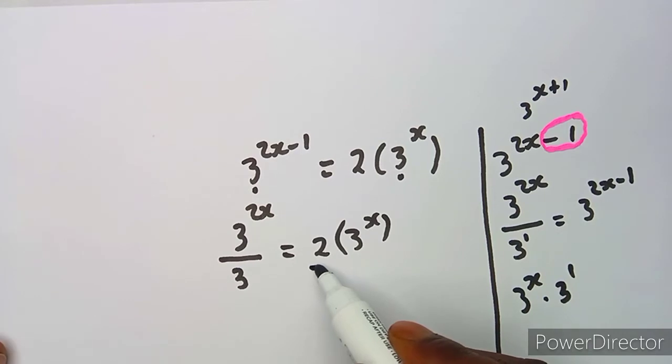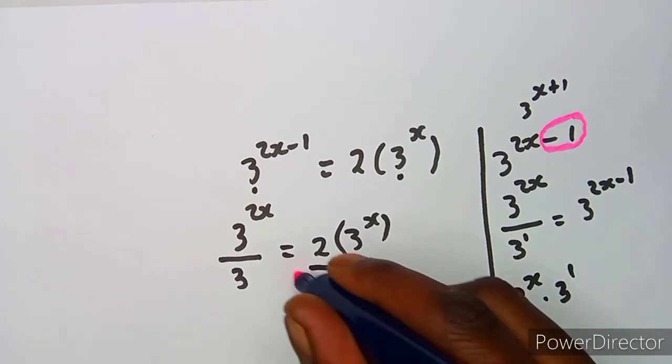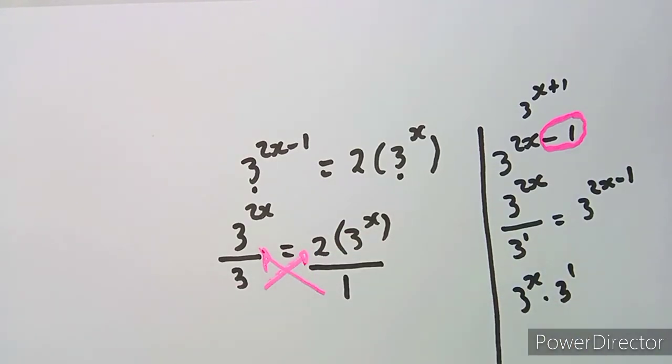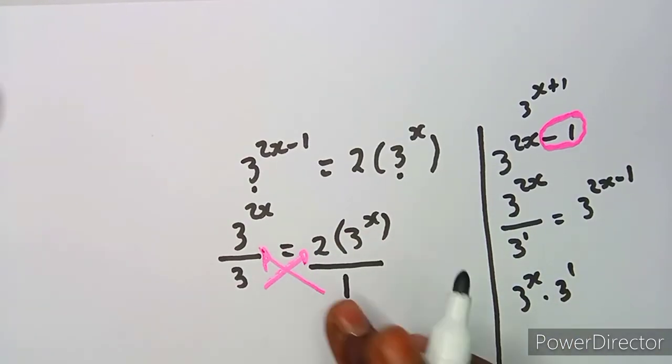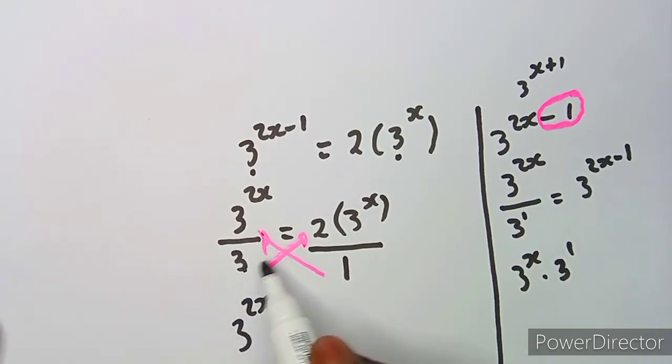So make this term a fraction so that I'll be able to cross multiply, because the moment I'm given like this, in order for me to remove the fractions, definitely I've got one option which is to cross multiply to remove this fraction, which is going to be 1 times this part, which is 3 to the exponent of 2x, which is equivalent. Here we can multiply 3 and 2.